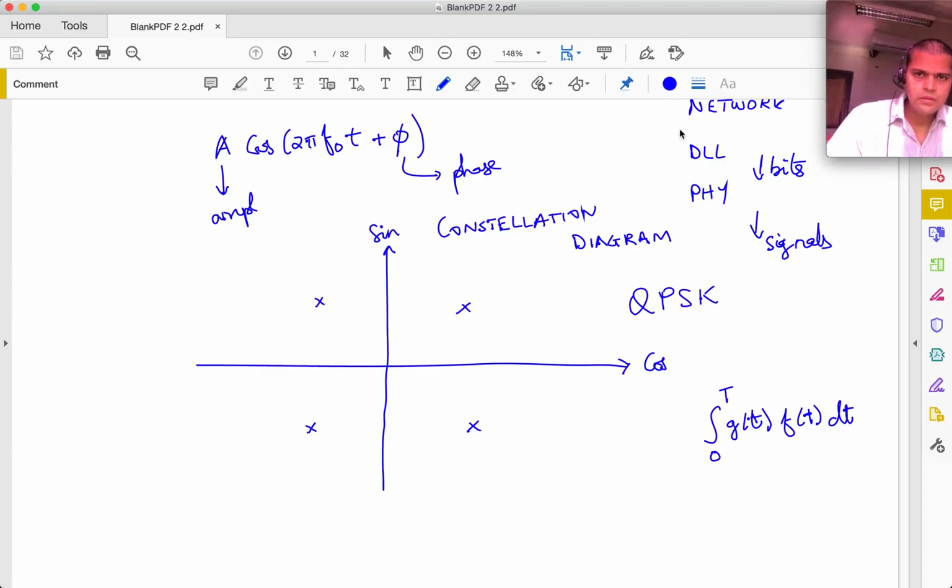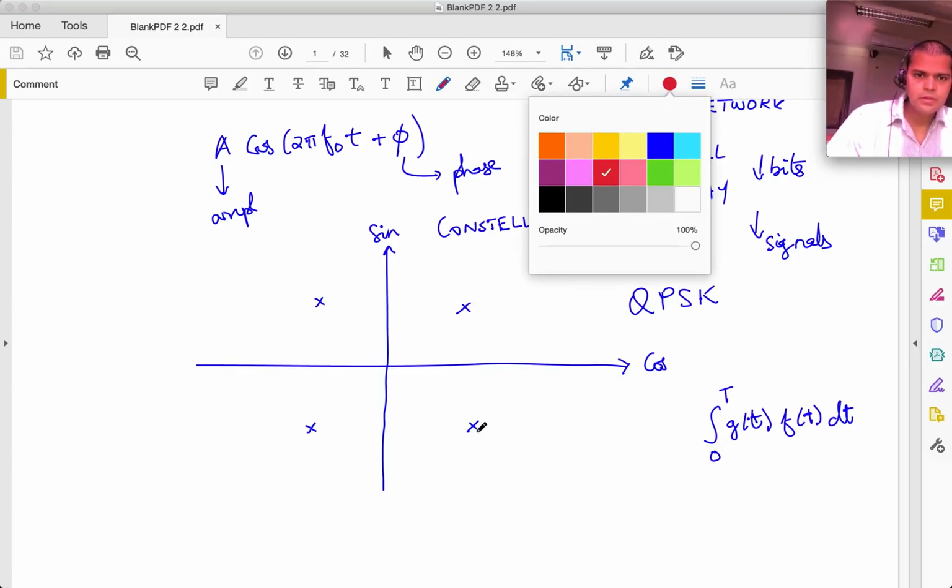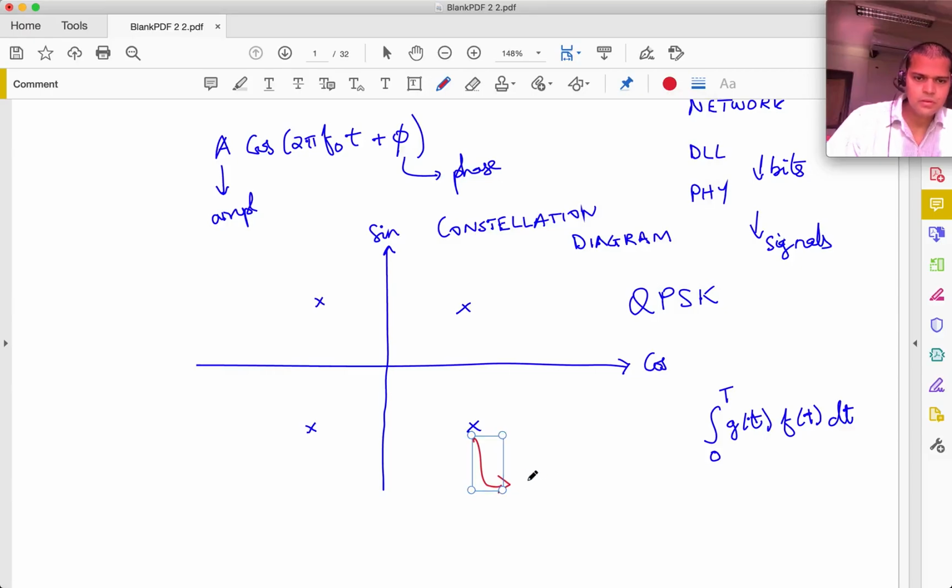So one of the terms that people use for any one of these 4 signals is something called a symbol. So a symbol is a signal that you send out, and the physical layer term for that is symbol. So here we have 4 symbols.